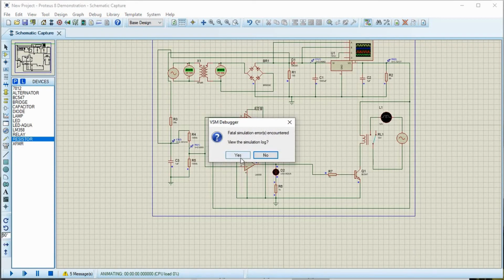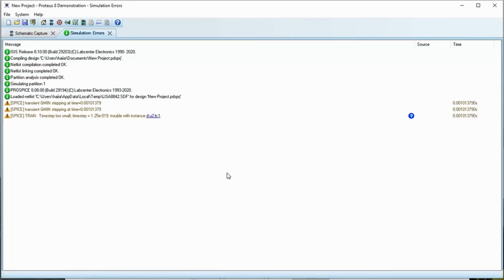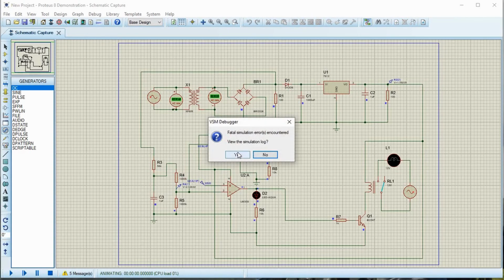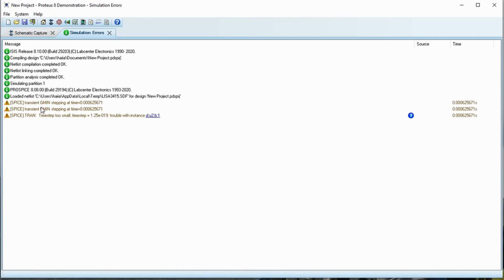So let's start the simulation. It's giving me some error: time step too small. Let me see how I can fix this. Okay, it took me a long time to figure out what the issue was. I restarted the system and re-rigged the circuit, but the same error was still coming, a transient step at some time.